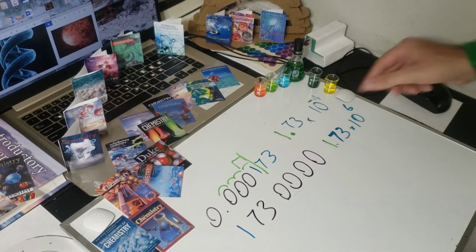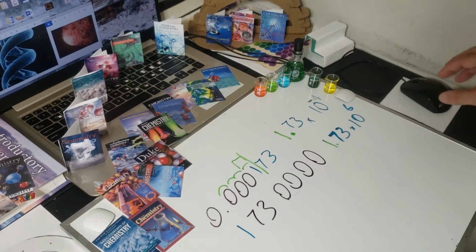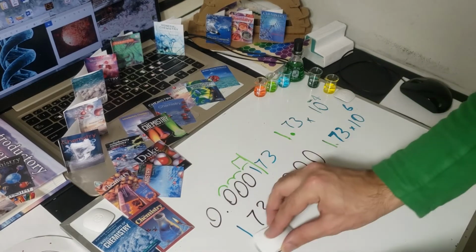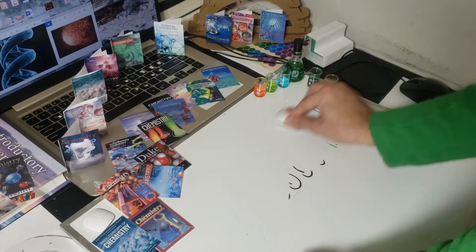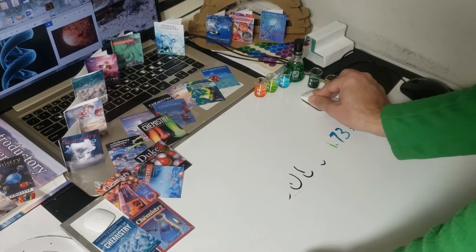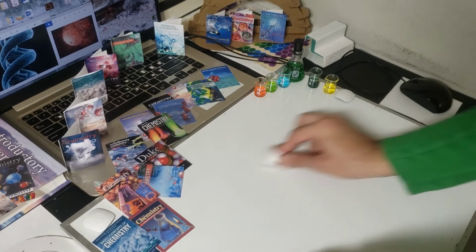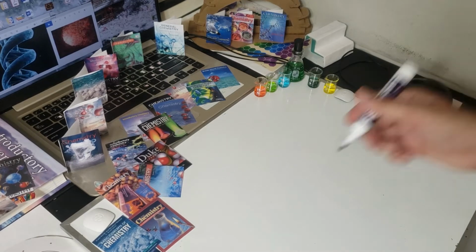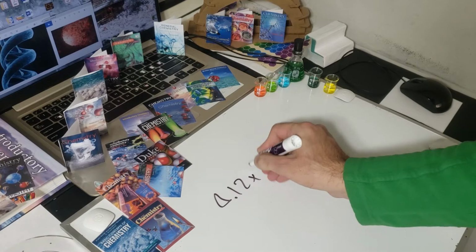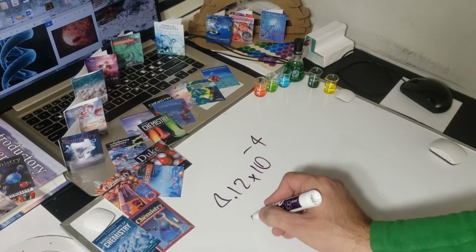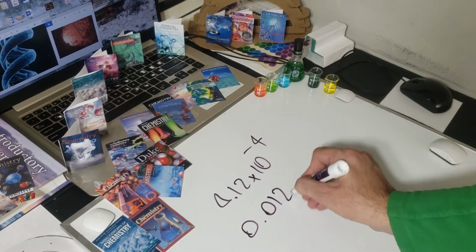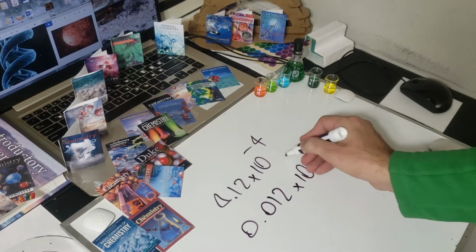If you have the scientific form and you want to write it down, the way you have to do it is you put a number of zeros and then you locate your first digits. Let's do that real quick. Let's say 4.12 times 10 to the -4 and 0.12 times 10 to the 5.